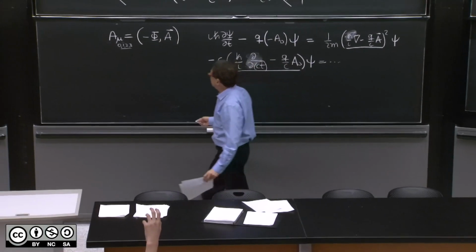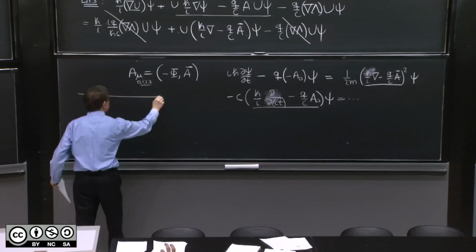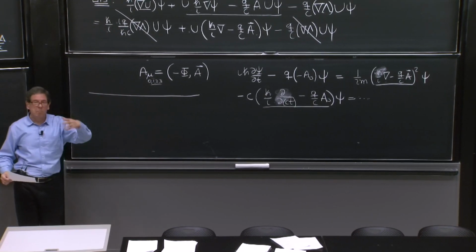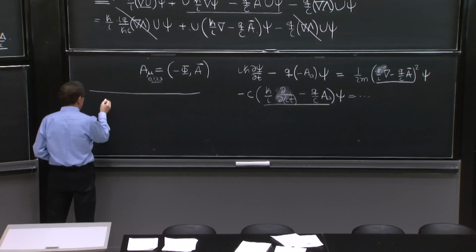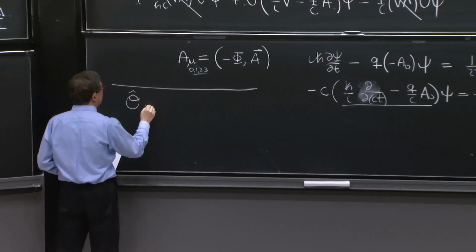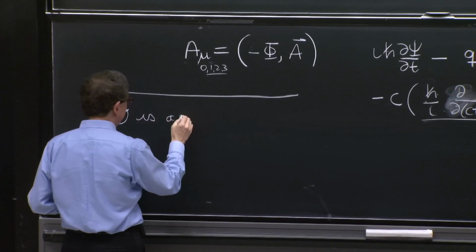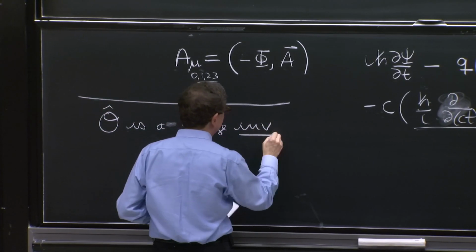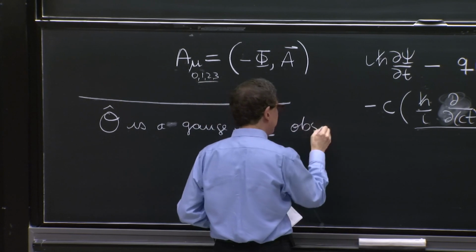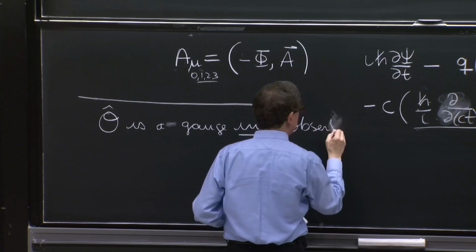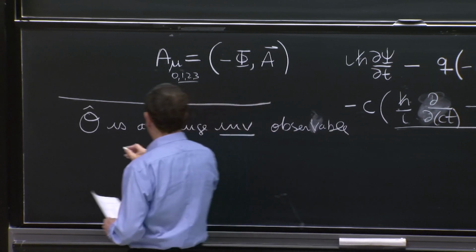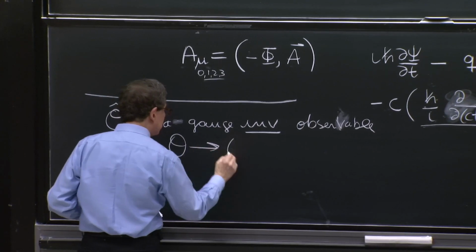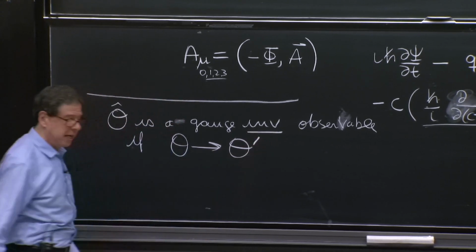One of the things you will be thinking about in the homework is the definition of gauge invariant observables. So an operator O is a gauge invariant observable if, under a gauge transformation, O can change.